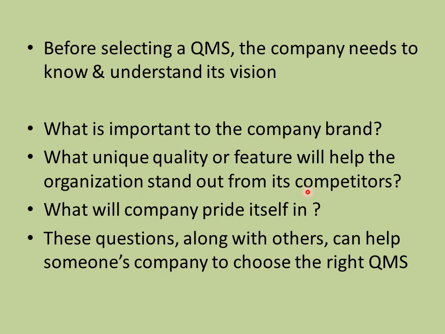So which specific factor should be focused on more to improve the quality of the product as compared to the competitors? Then what will the company pride itself in? So these questions help in the selection of a quality management system. These questions along with others can help someone's company to choose the right quality management system.